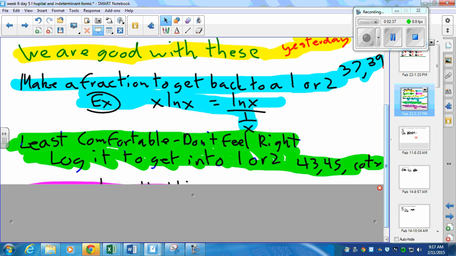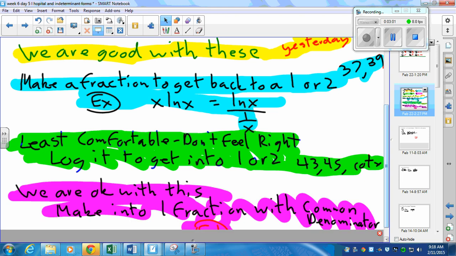Once you pull down that exponent, you're going to be able to force a fraction. But remember, your fraction is going to have an ln in it, and you might not be that comfortable with that. So these are the ones that just kind of feel weird to my former students over the last couple years. Those will be problems like 43, 45, cotangent of x. We'll take a look at some of those again today.